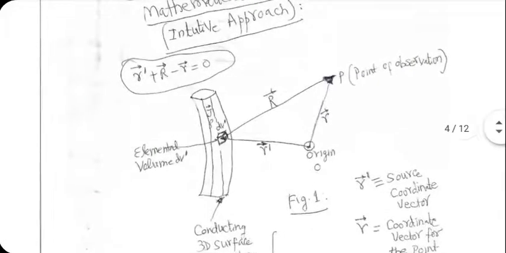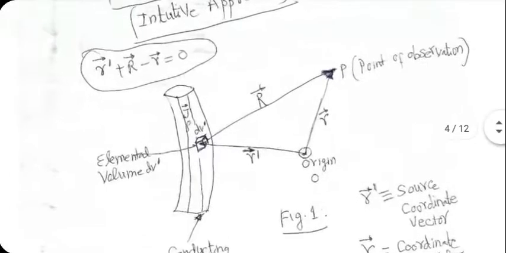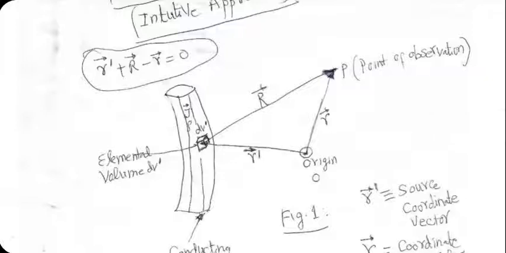Let's say the origin of the coordinate system is somewhere else. It's a generic description right now. Origin is at O. The distance of dV prime from the origin is known as the source coordinate, because the source is dV prime. That coordinate is going to be denoted by r prime, a vector of course.